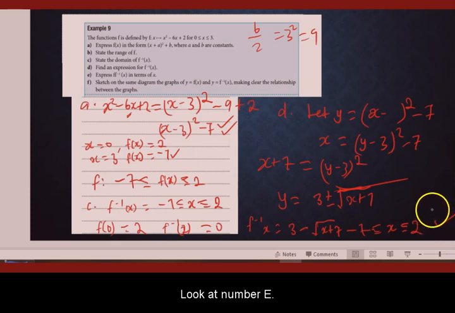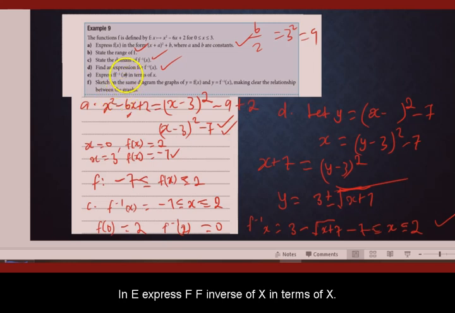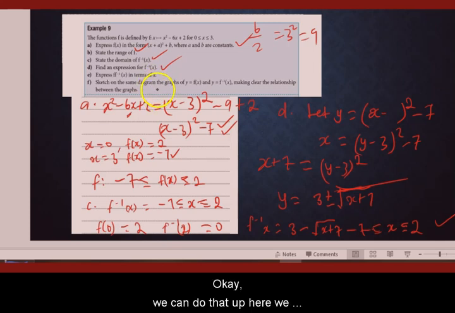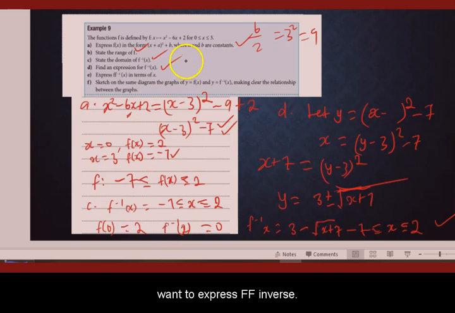Look at number E. We have solved all these A, B, C, D. Now we are in E. Express f of f inverse of x in terms of x. Okay, we can do that up here. So f of f inverse of x in terms of x.